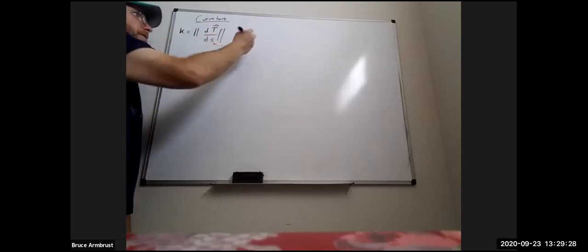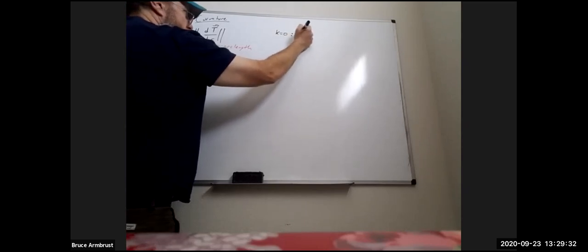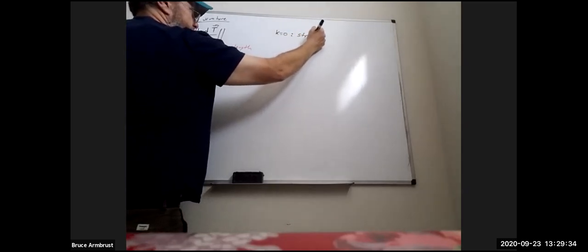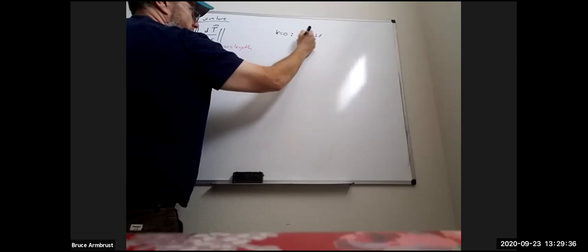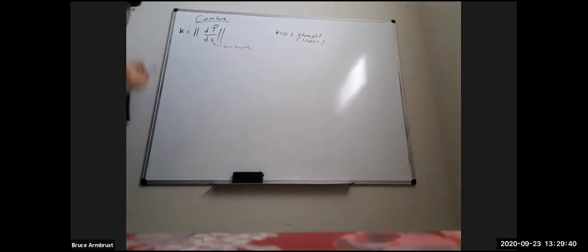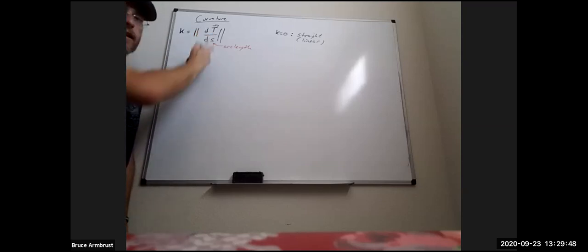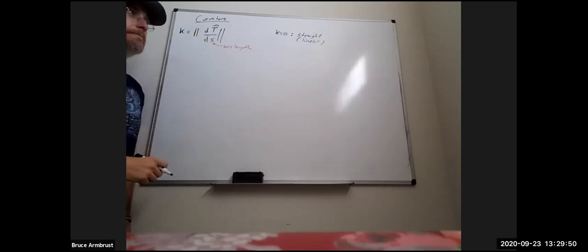In terms of the values, k equals 0 means that it's straight, meaning it's linear. So if you've got a line, by definition, a line will have a curvature of 0 because the tangent vector never changes.